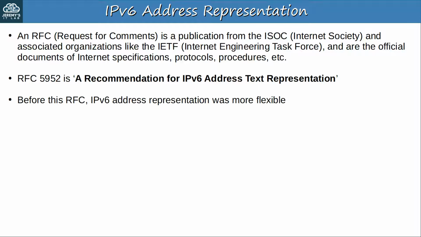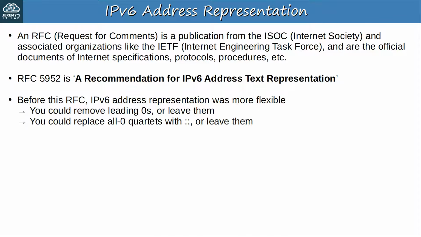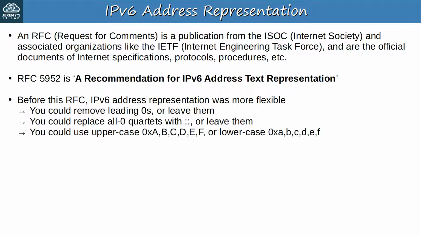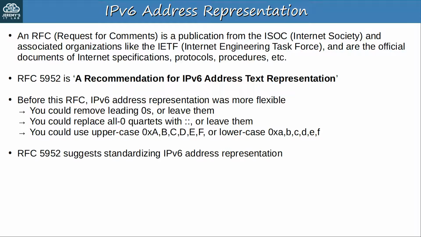Before this RFC, IPv6 address representation was more flexible. For example, you could remove leading zeros from the quartets of the address, or just leave them there. You could replace all zero quartets with a double colon, or choose not to. You could use uppercase hexadecimal, A, B, C, D, E, and F, or lowercase. However, RFC 5952 suggests standardizing IPv6 address representation, so we all write them the same.